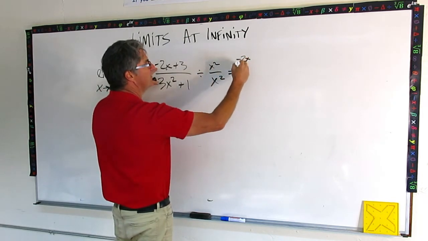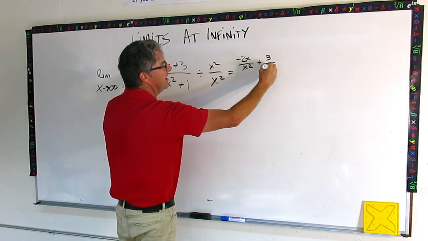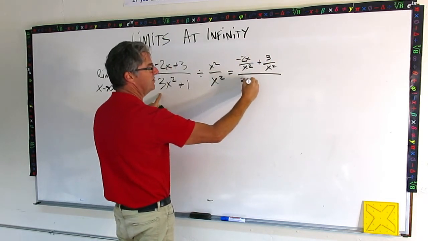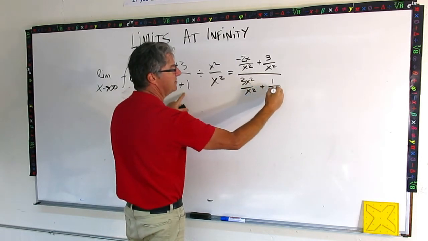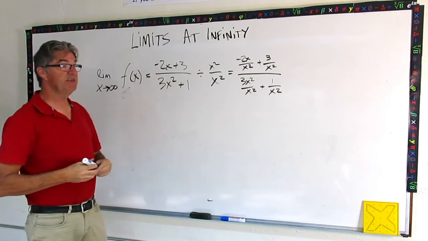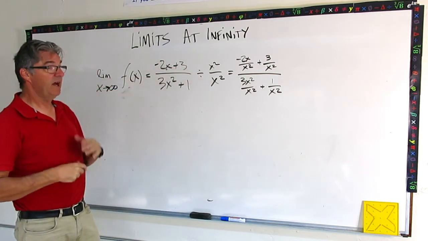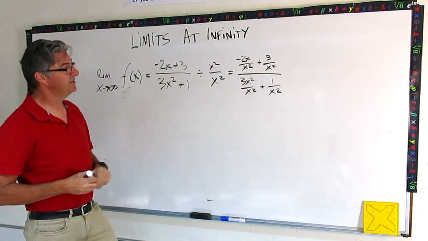Minus 2x over x squared plus 3 over x squared, all over 3x squared over x squared plus 1 over x squared. So I just divided every single term in this function by x squared. And now we can reduce down and we'll get to a point where we can evaluate the limit. So watch this.